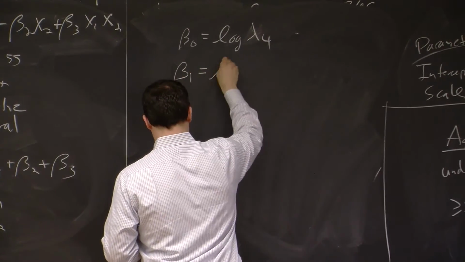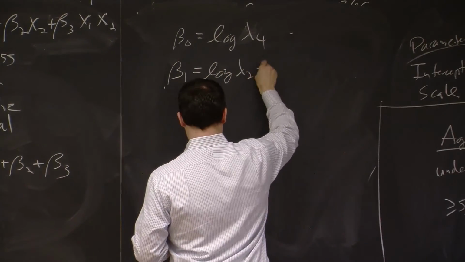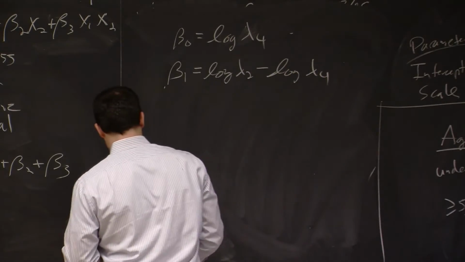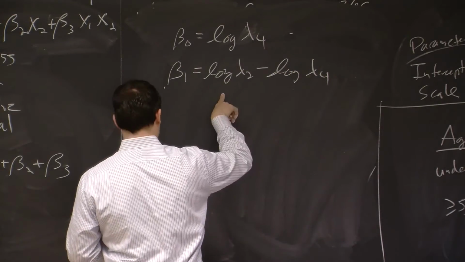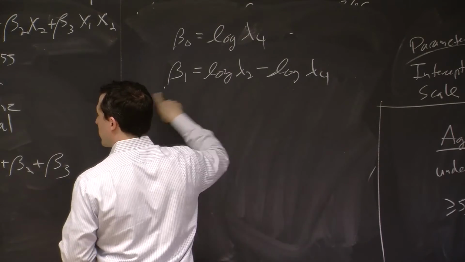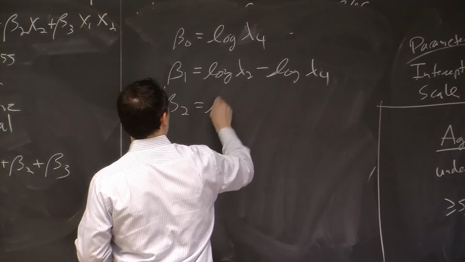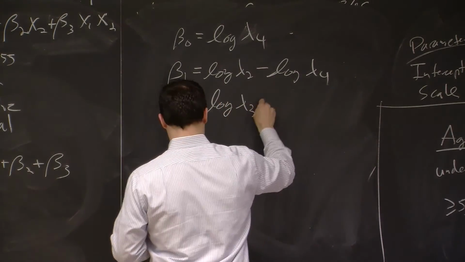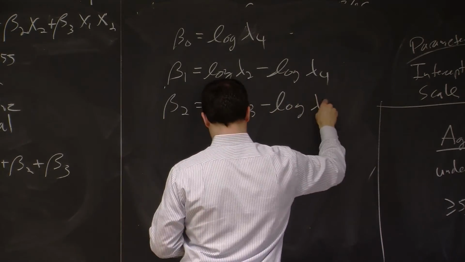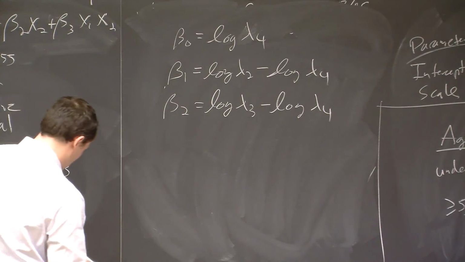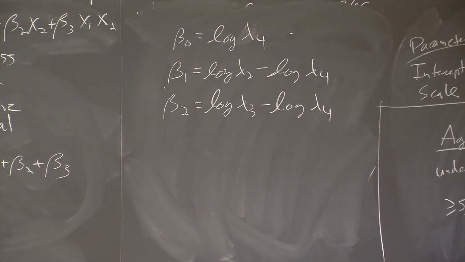Beta 1 is log lambda 2 minus log lambda 4. That's the effect of age when type is mitral. Beta 2 is log lambda 3 minus log lambda 4. That's the effect of type when age is over 55.